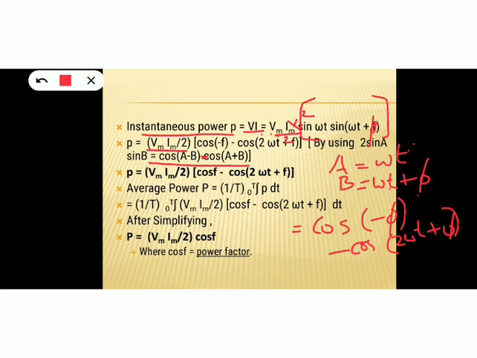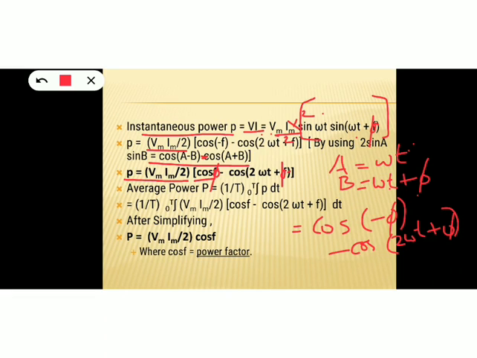And cos of minus phi is cos phi itself, because cos of minus theta is cos theta. So here you will get power P equal to Vm Im by 2 times (cos phi minus cos(2 omega t plus phi)).